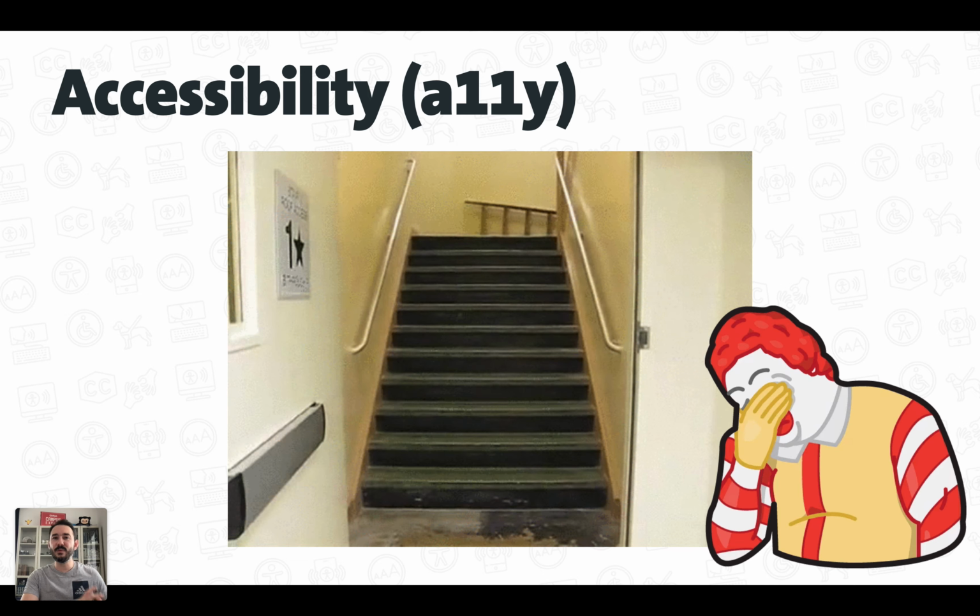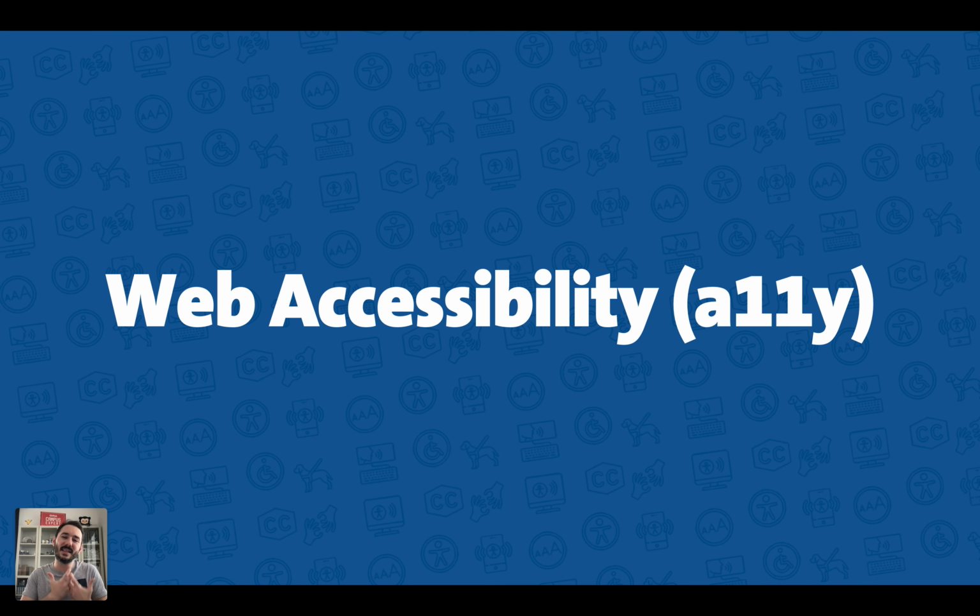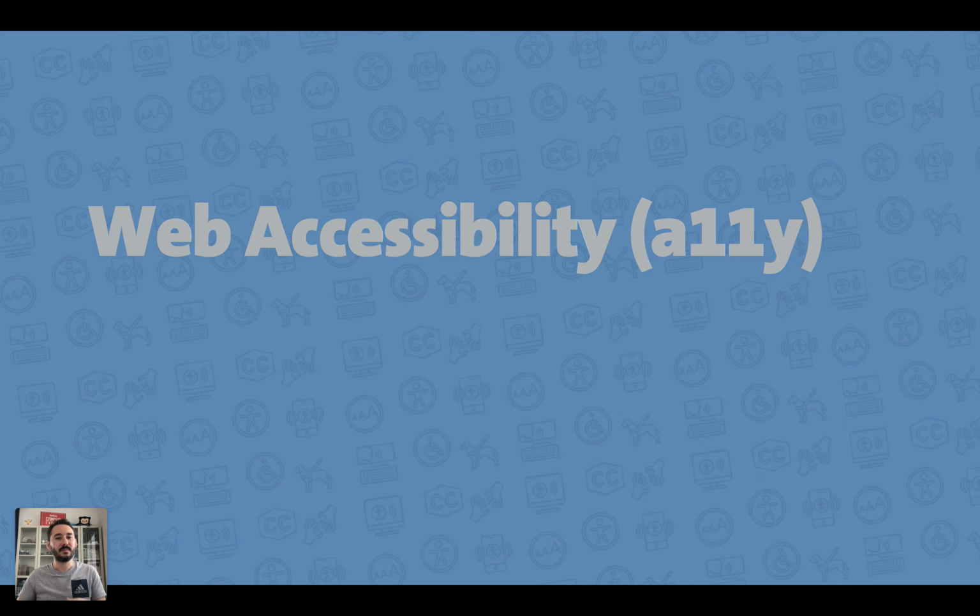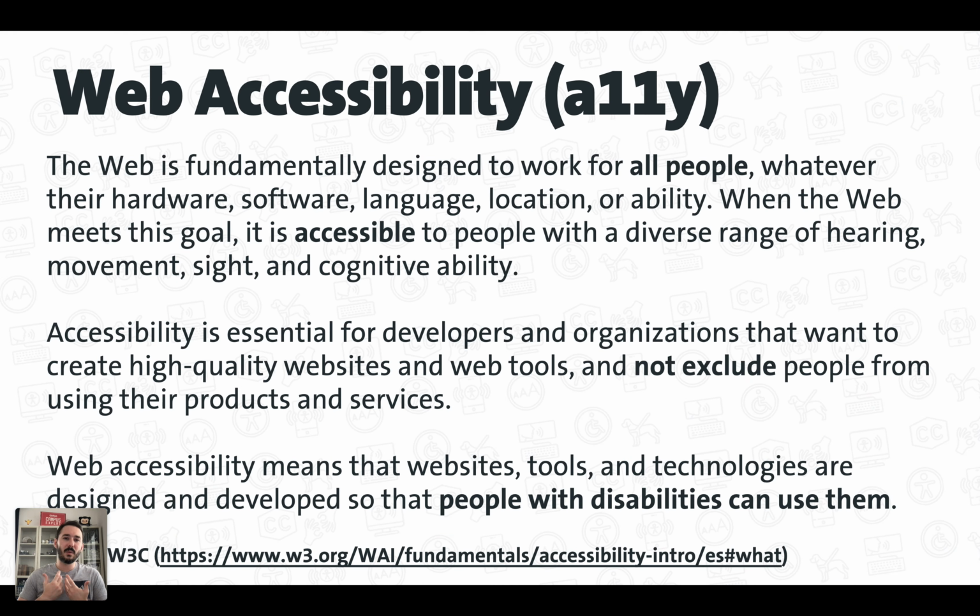But when we move to a digital, online world, it's not that obvious that a digital product, a site, is not accessible. When we talk about web accessibility, we talk about tools, websites, and technologies that are designed to not exclude anyone, including people with disabilities.